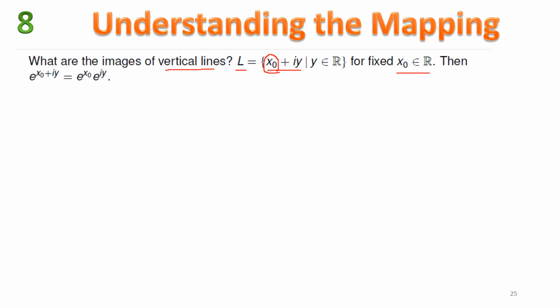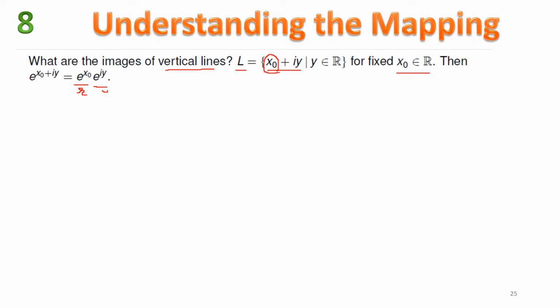We can choose different fixed values of x0 and then we can see the images. So e to the x0 plus I times y is equal to e to the x0, which is the radial part that defines the distance from the origin for the polar form, and then we have e to the iy, where y is the polar part, which is kind of theta.